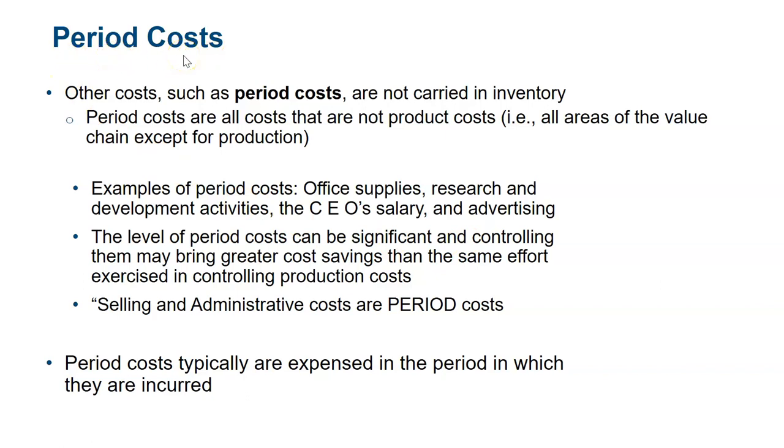I want you to understand that these are pretty obvious, like office supplies and a CEO's salary. These are expenses that are going to impact a company's net income or net loss, but they're clearly not associated with the making of a product.